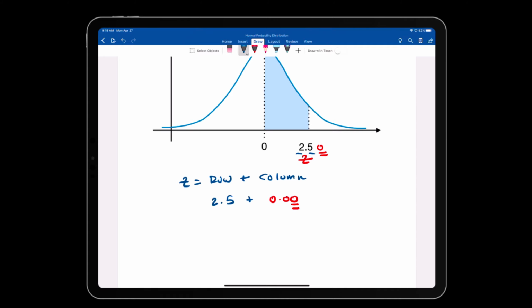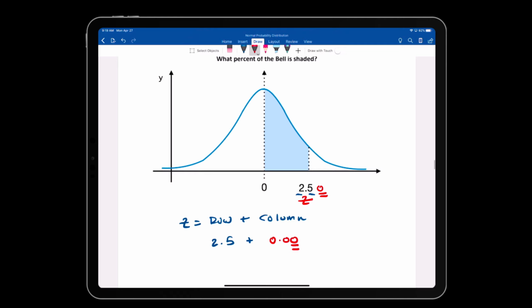So isn't it true if I add 2.5 plus 0.00, don't I get the Z value of 2.5? The answer is yes. But I need a row of 2.5 now and the 00 column. That's going to give me what percent of the ballot is shaded right here.